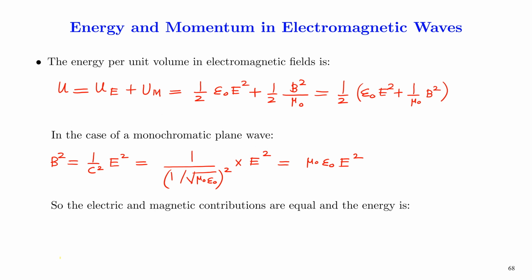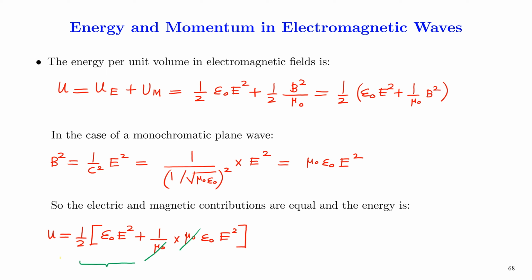Let's substitute this in the expression for the total energy so that U becomes 1 over 2 epsilon 0 E square plus 1 over mu 0 multiplied by mu 0 epsilon 0 E square. The mu zeros cancel.